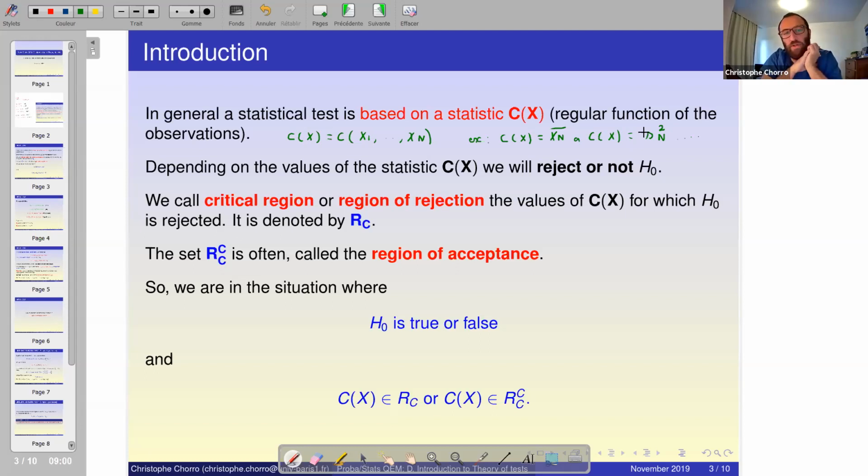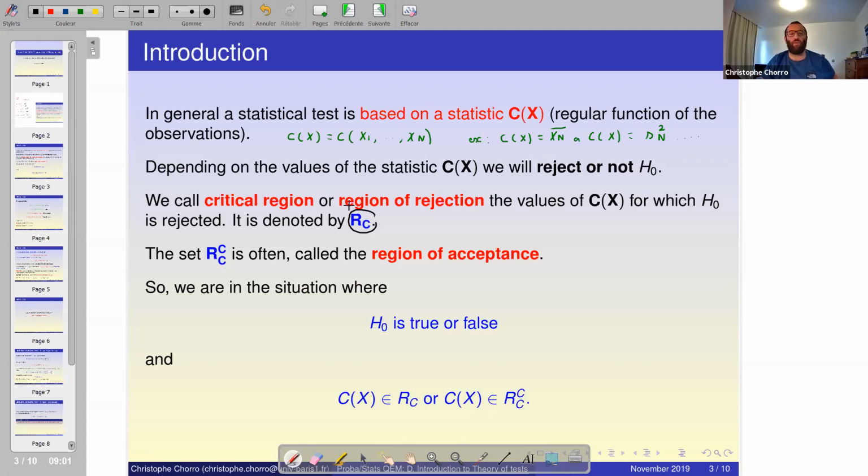And what we call a critical region, or a region of rejection, is the set of values of the statistic for which I will reject my null hypothesis H0. I denote this region by RC, capital R, capital C, that is my rejection region or my critical region. So R for region, C for critical.